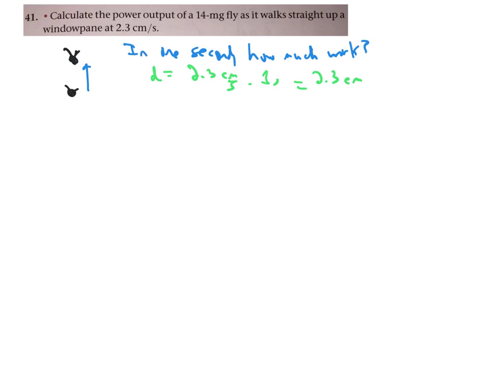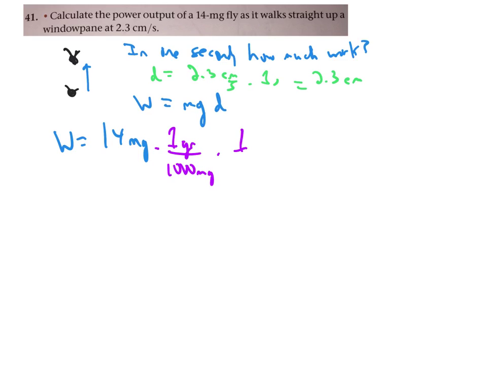And the work done is going to be the weight of the bug times that distance. So the work done is 14 milligrams, but I want to convert to SI, to standard MKS. So we have to say, well, there's 1 gram in every 1,000 milligrams, and there is 1 kilogram in every 1,000 grams.